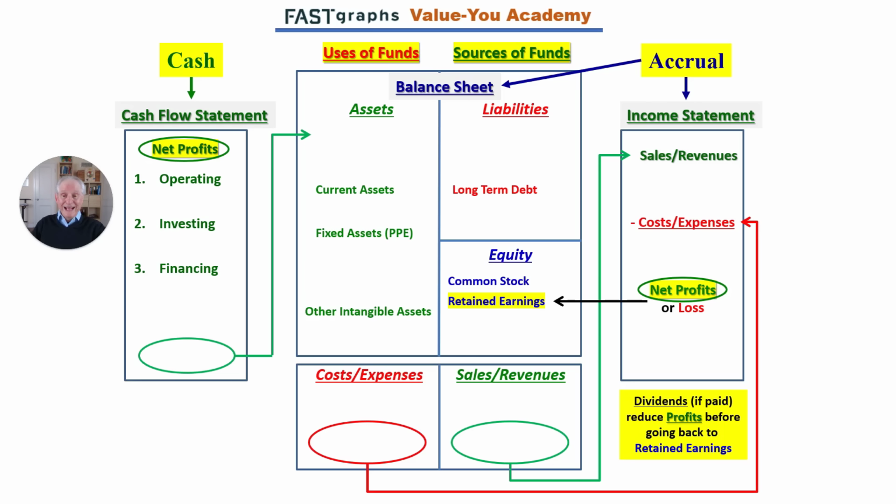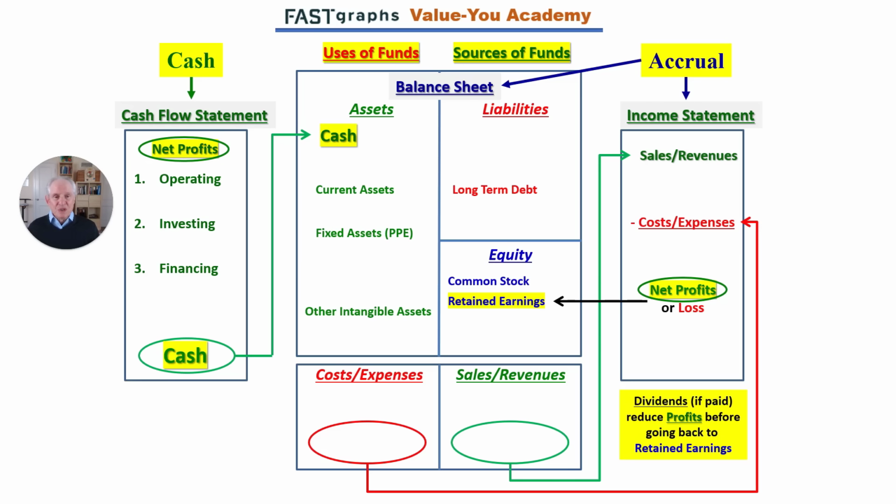And remember, that goes into the balance sheet as liquid cash. So the ending cash goes back into the assets, and you can see that is a plug to make the balance sheet balance. The other plug is the retained earnings.